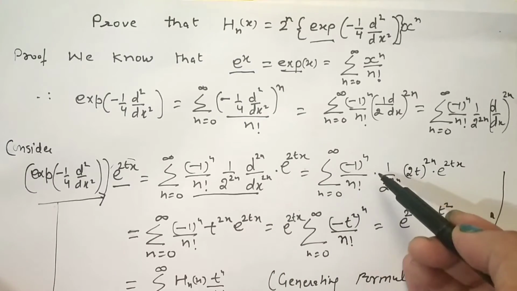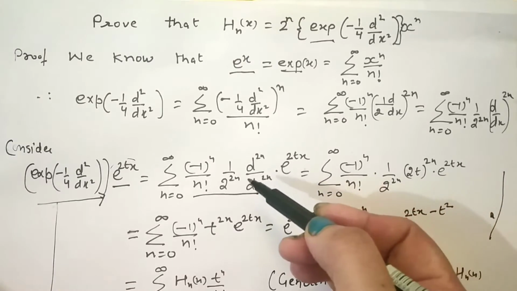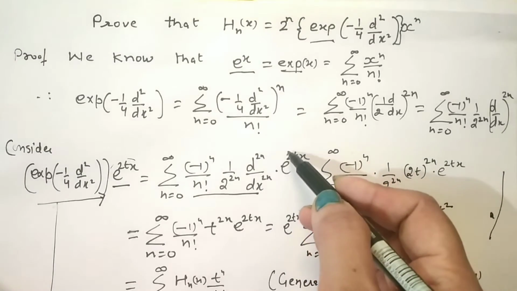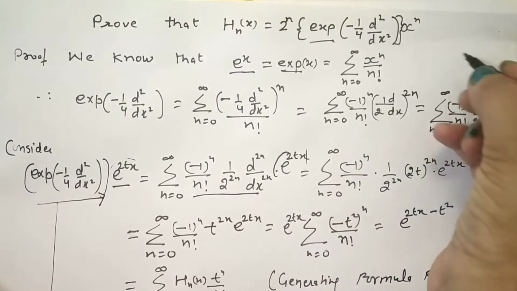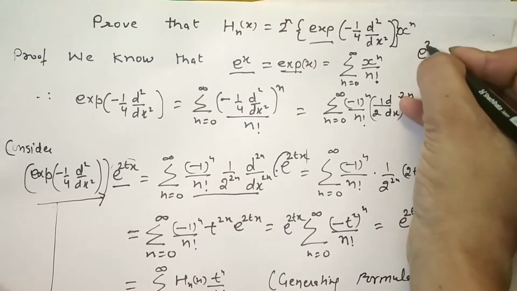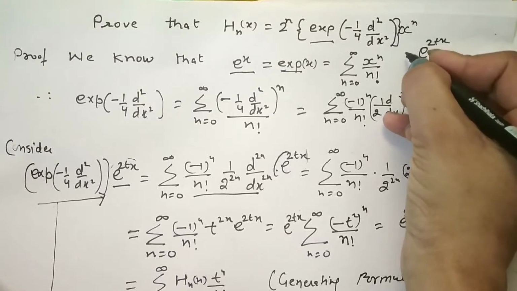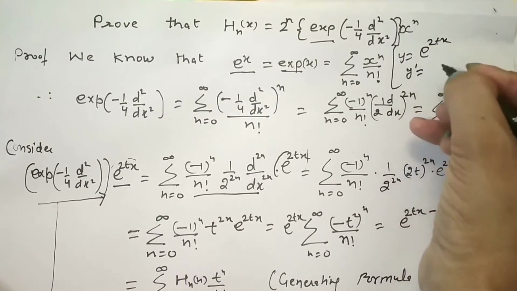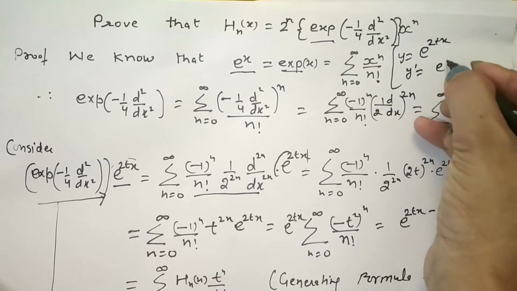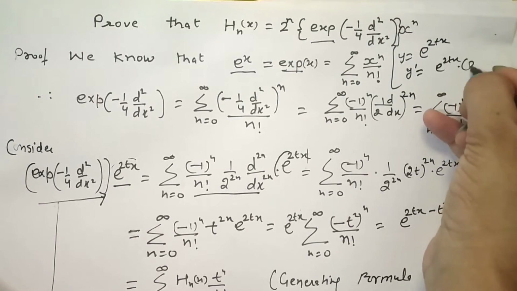Now what we will do is, this e raised to power 2tx, if we differentiate this 2n times. Like e raised to power 2tx, if we differentiate it once, let it be y, one time differentiation will give us e raised to power 2tx into 2t.